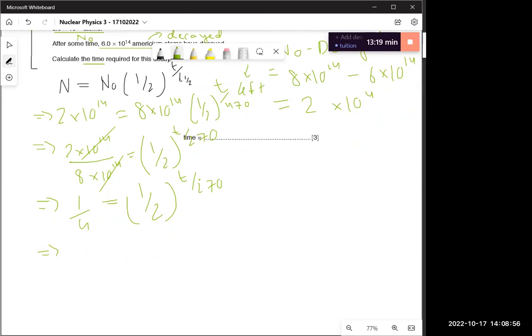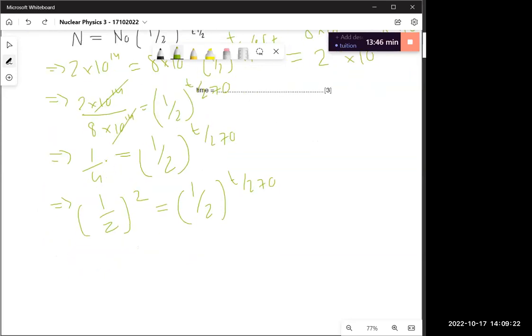Okay. Now, how do I find T? Well, to find T, let's make the base common. Can I write 1 over 4 as 1 over 2 squared? Yep. Fine. And then half raised to power T over 270.